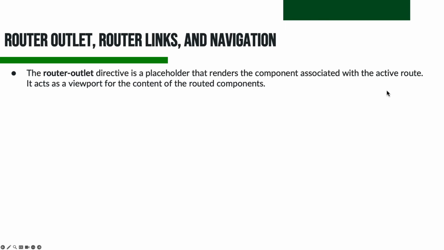The router outlet directive is a placeholder that renders the component associated with the active route. It acts as a viewport for the content of the routed component. So in your main component, mainly called app component, we need to include this directive, the router outlet.